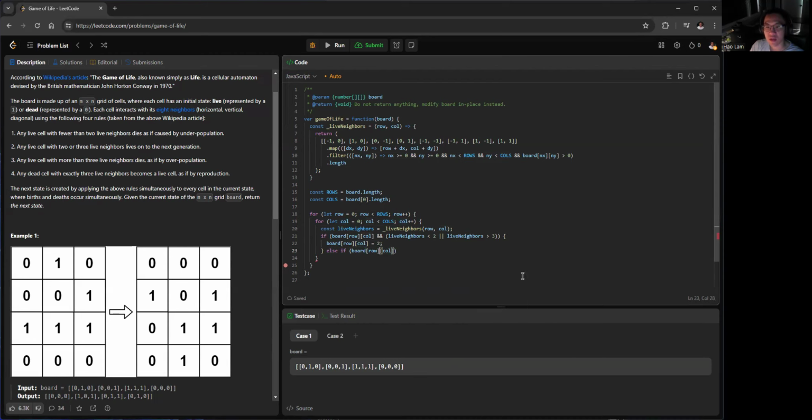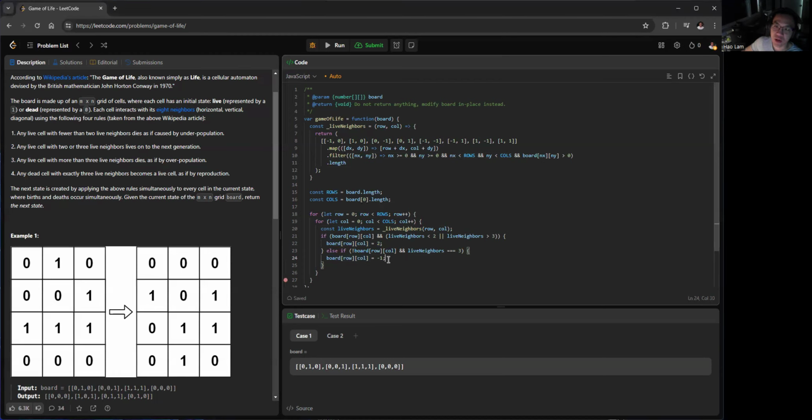board at row and column, if it is a dead cell, right? And it needs exactly 3 neighbors to turn into a live cell.